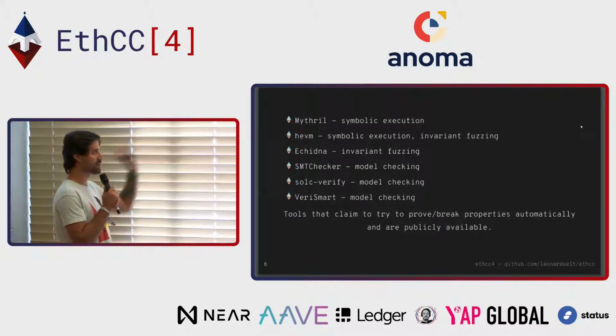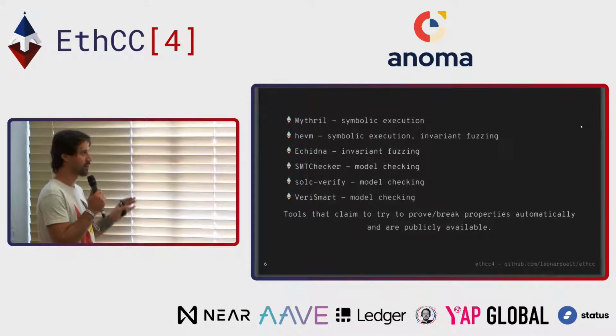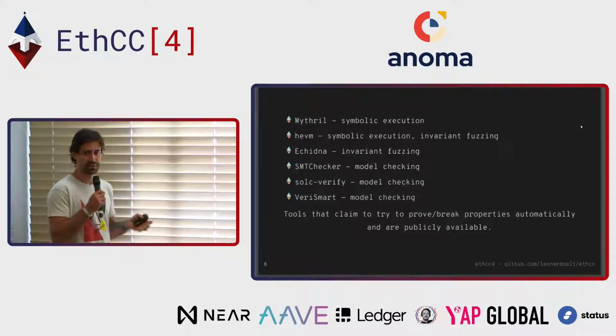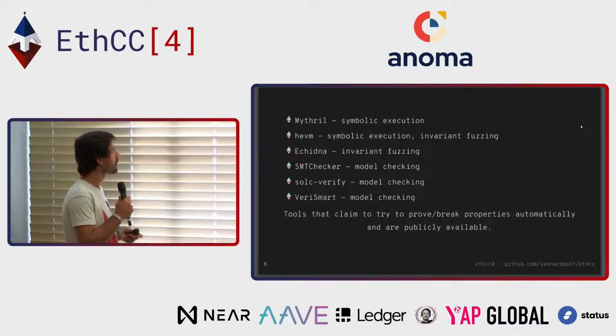And if a tool is not here, it's because it either requires a more complex type of specification, like K, for example, or they are not fully publicly available, which I wanted for this experiment because I just had a script that ran everything, so I wanted to just have a binary and run stuff.